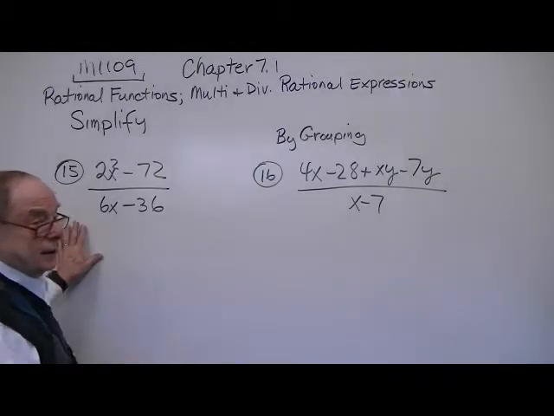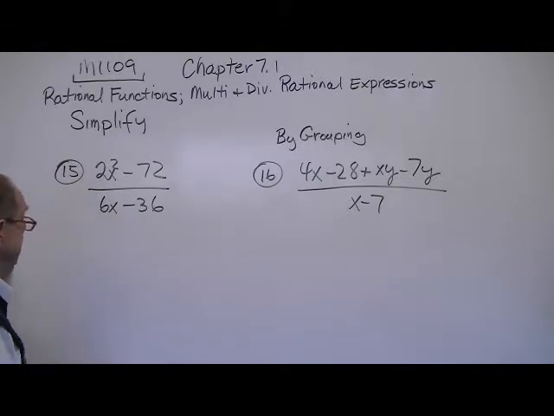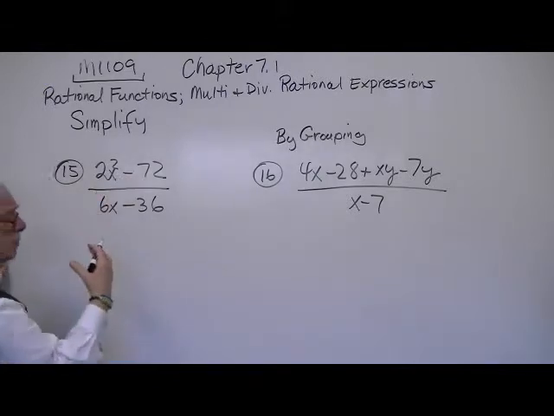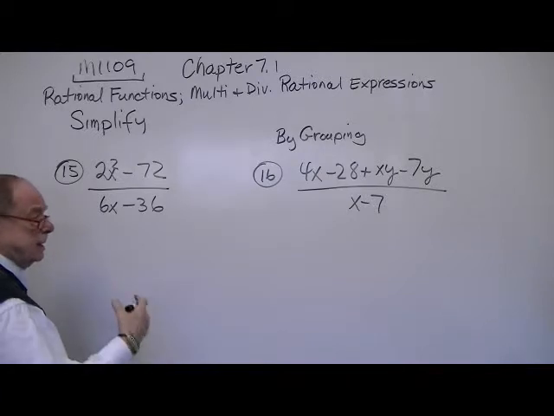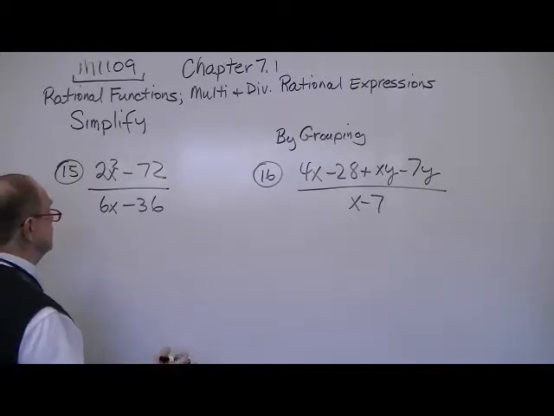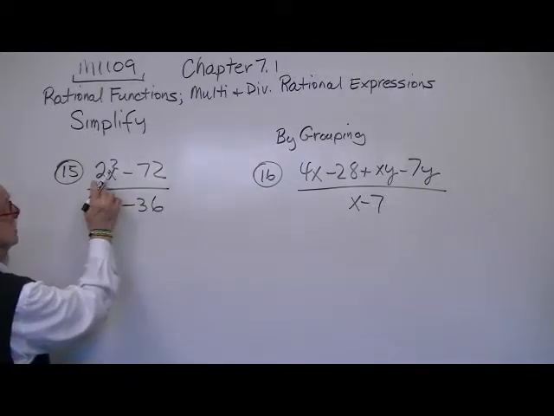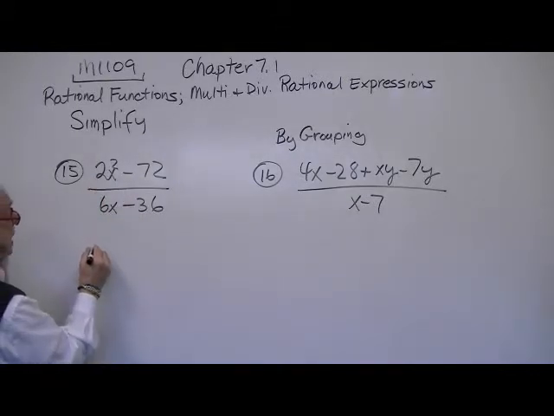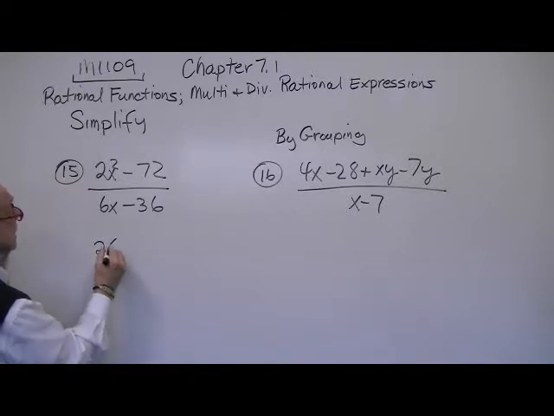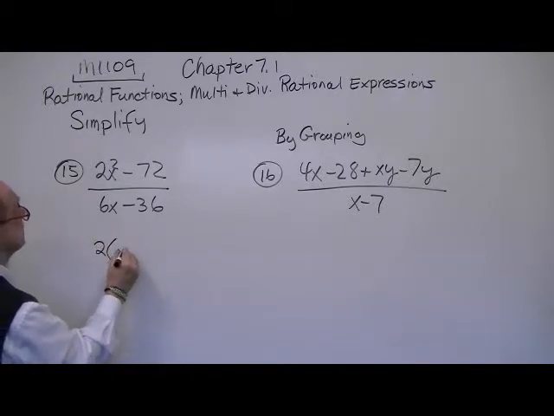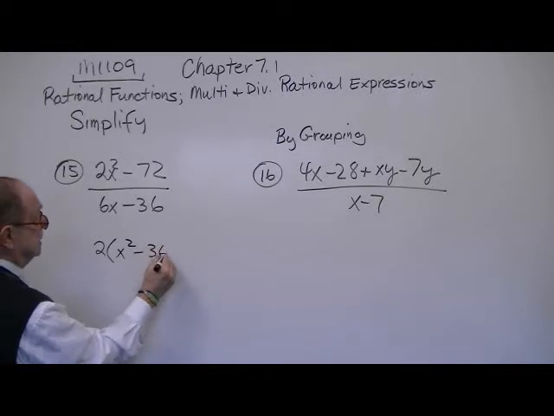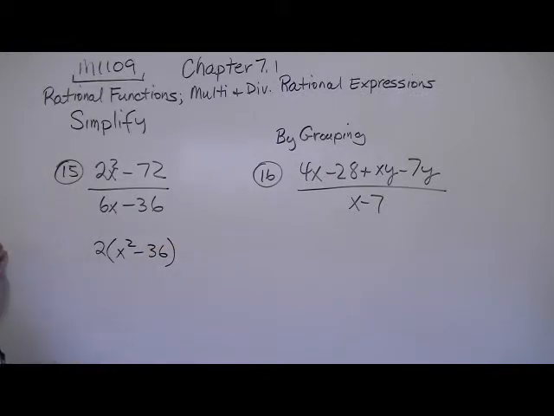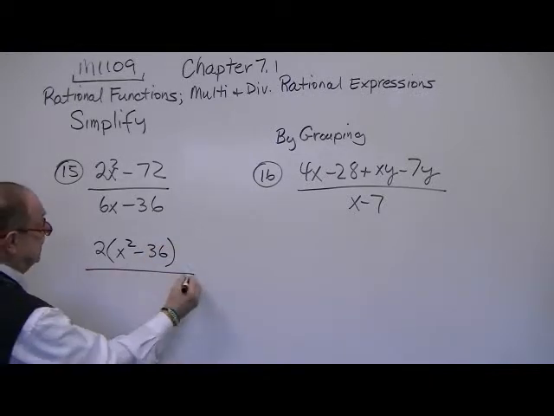Okay, again, they're getting more challenging. As we look at the top, again, we want to factor and then cancel out common factors. We see we could take a 2 out of there. So we get a 2 out, and then this becomes x squared minus 36. And we'll factor the bottom.